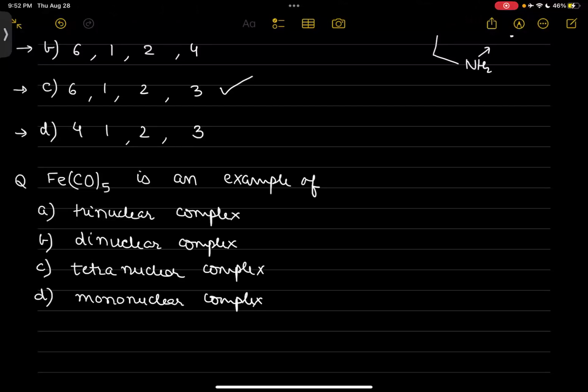So basically, they are trying to ask what that some number and nuclear complex means.